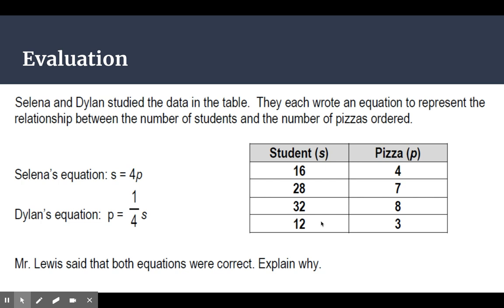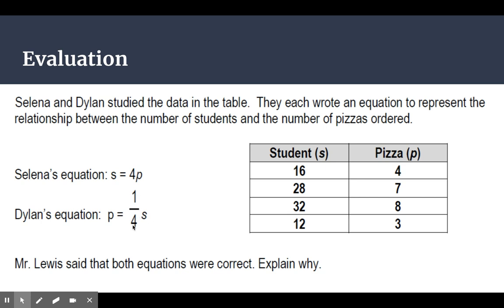I can go ahead and explain something quickly that might give you a hint. For Selena's equation, if I substitute 4 pizzas for the variable P, 4 times 4 gives me 16, and the table does say 16 students for 4 pizzas. For Dylan's equation, S represents students.